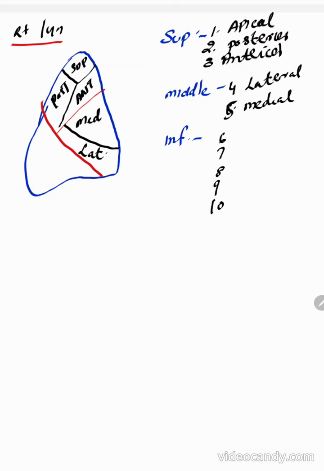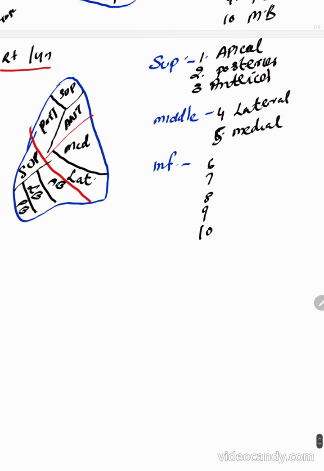Okay, now see this inferior lobe, let us divide it like this into 3. So this is superior, this is anterior basal, posterior basal, then we have the lateral basal.